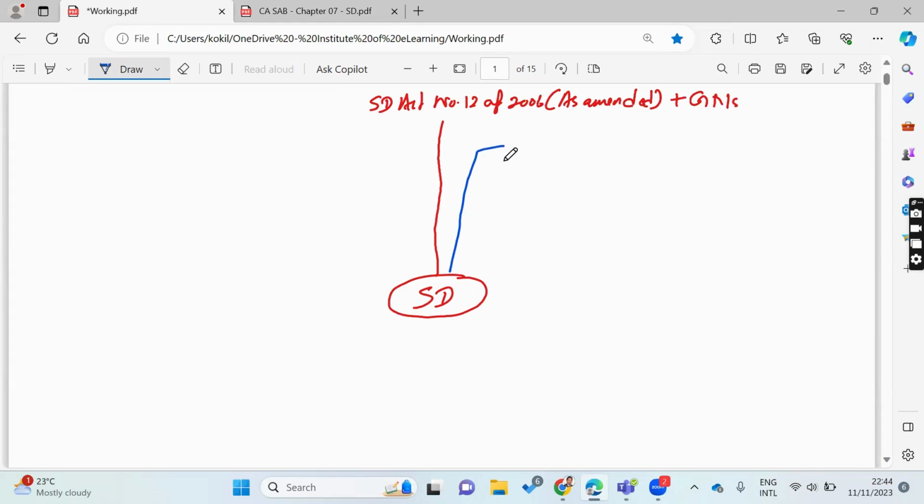We have altogether 9 specified instruments, and the rate is also specified by the minister as per the Gazette notifications issued from time to time, right?